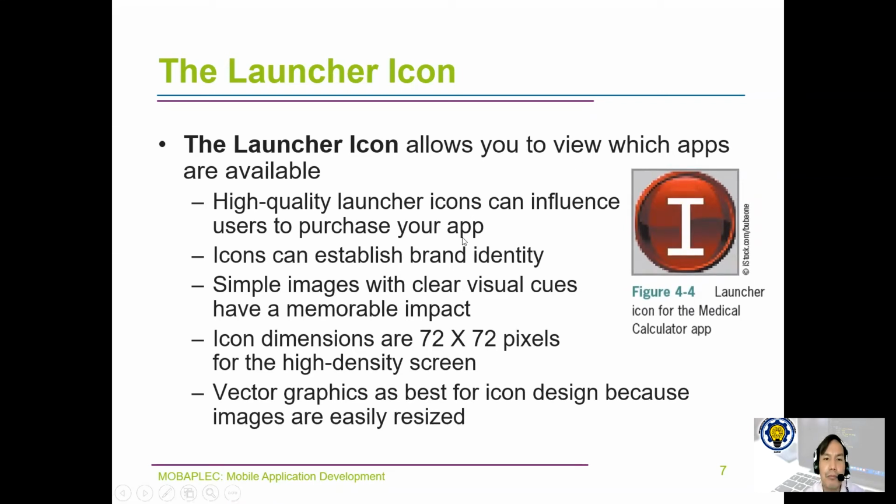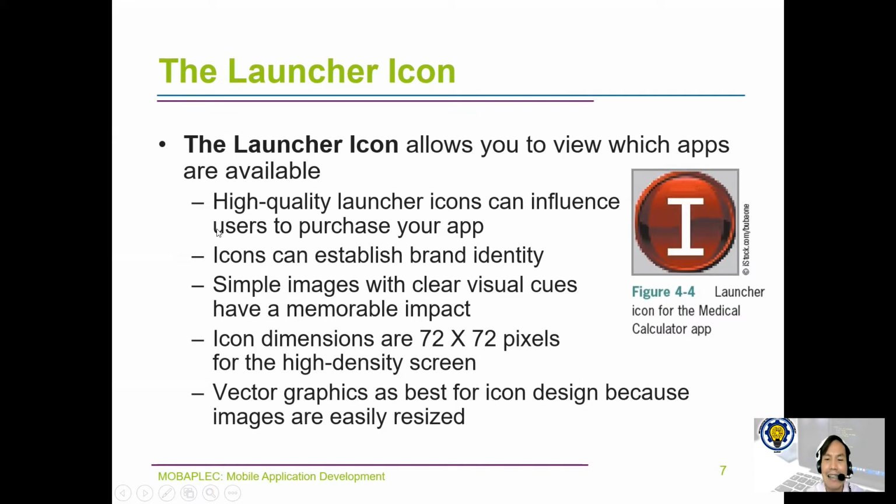Okay, so here there's an icon. That icon is a brand identity. So you can see the properties, the dimensions, 72 by 70 pixel height, and the vector graphics, depending on the icons that you will select.